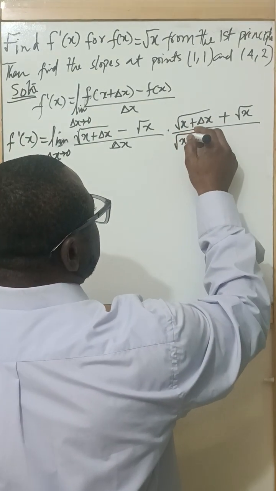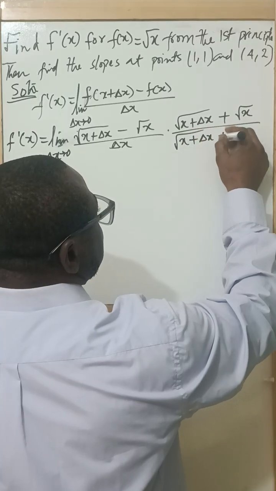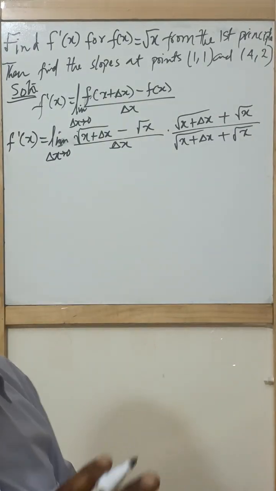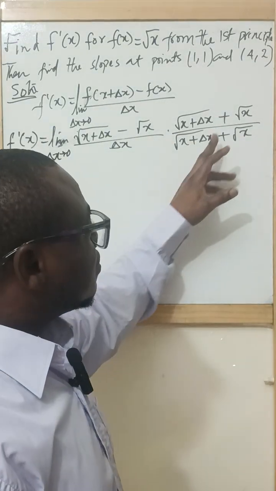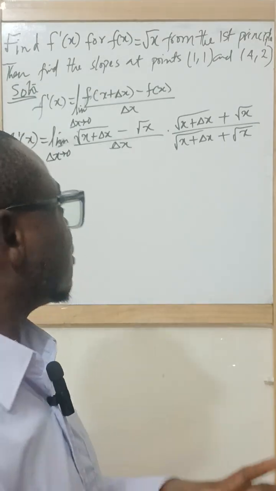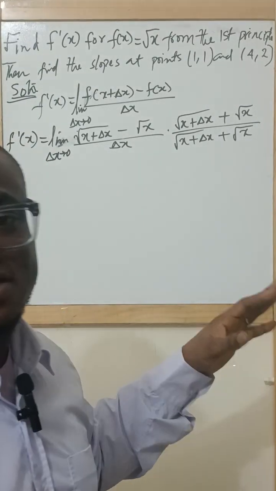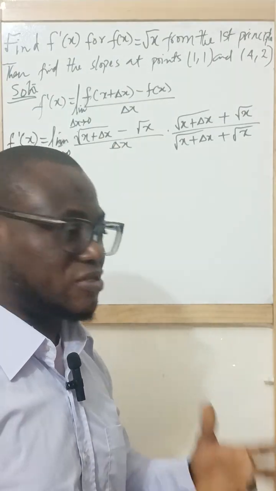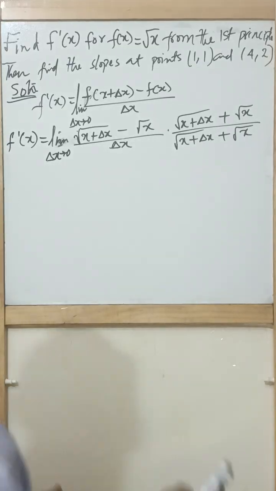So that when this cuts this, it's going to be 1, and 1 is multiplying the system, which means nothing has been offset, nothing has changed.